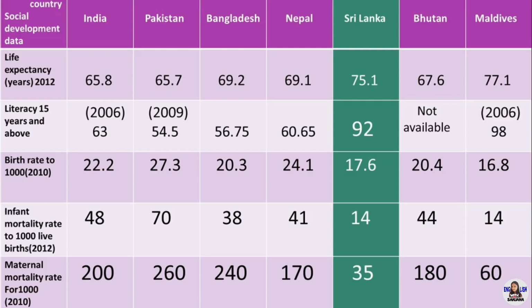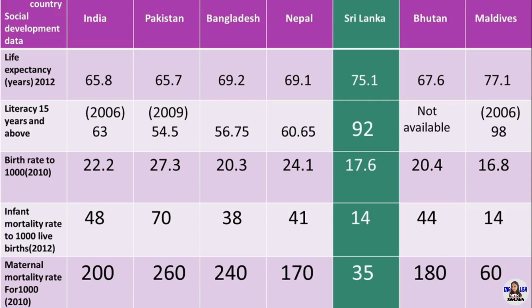Literacy, 15 years and above: India 63, Pakistan 54.5, Bangladesh 56.75, Nepal 60.65, Sri Lanka 92, Bhutan not available, Maldives 98.